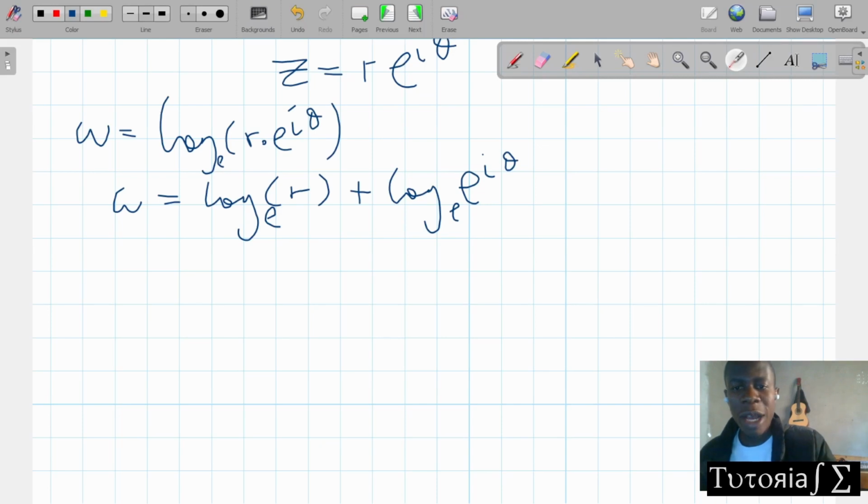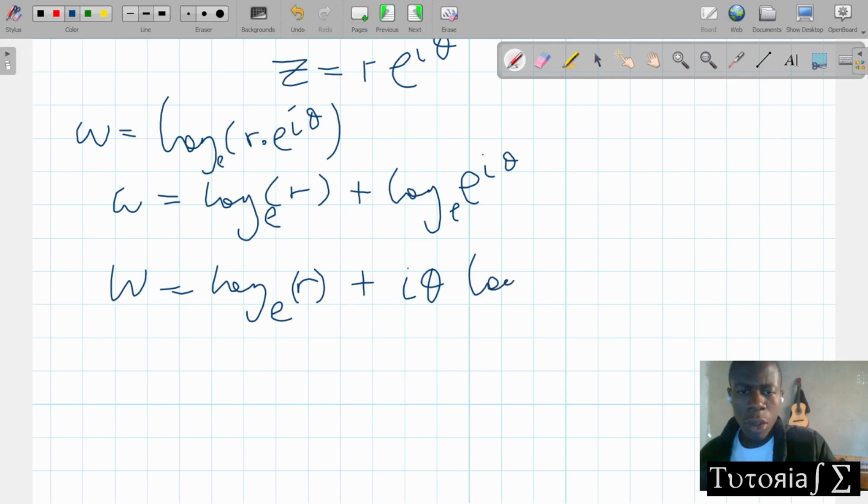So we are going to have W being equal to log base E of R plus I theta log E power E, and this is just 1. So this is the same thing as it will just be log E like that.